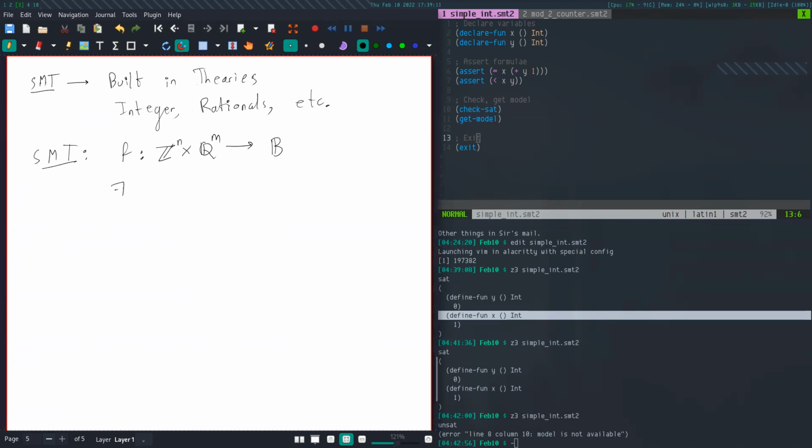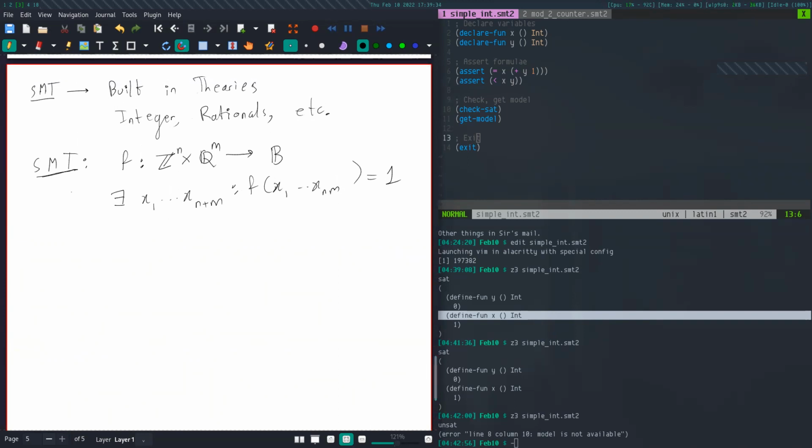Your question is the same: are there some inputs x1, ..., x(n+m) such that f(x1, ..., x(n+m)) is equal to 1 or not? This is basically your SMT problem, and an SMT solver can solve these queries as well. How? There are some really interesting algorithms for that.